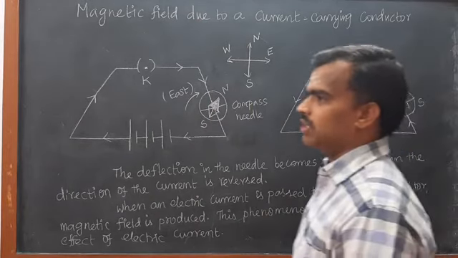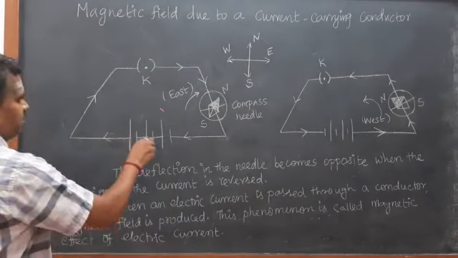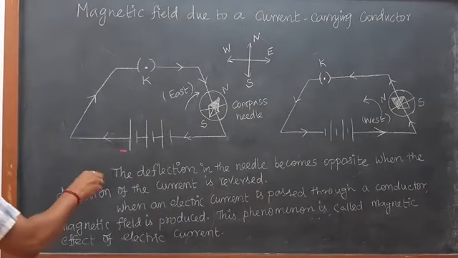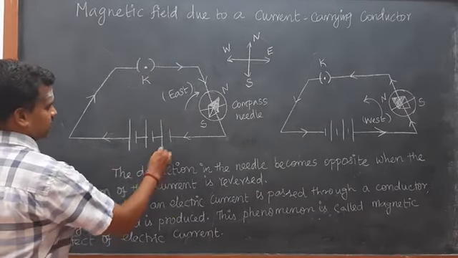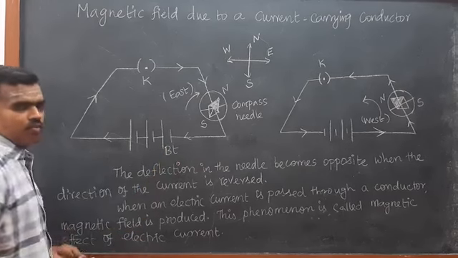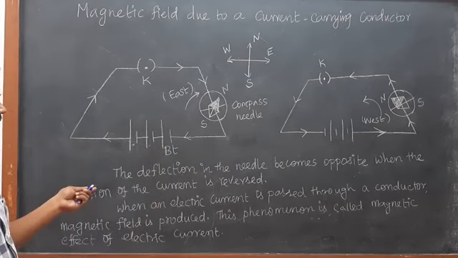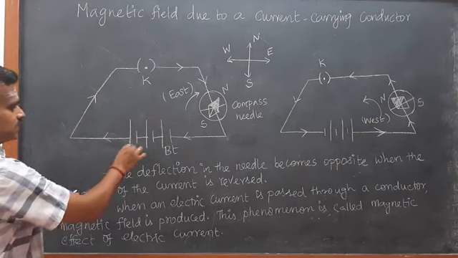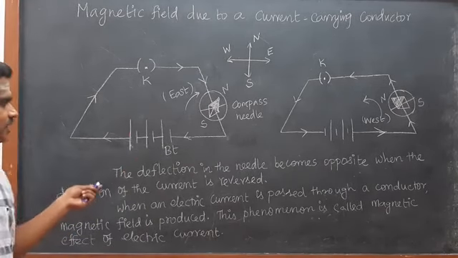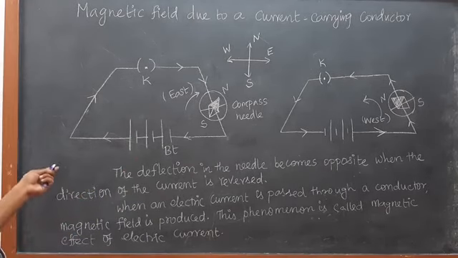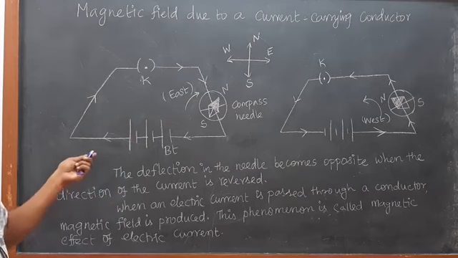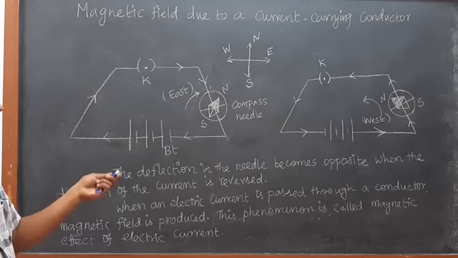Now let us move on to our topic, the magnetic field due to a current carrying conductor. Here I have drawn one circuit. This is the battery, a series of 3 cells: the first cell, second cell, third cell, connected in series, and I connected one key here. This is a straight line conductor.